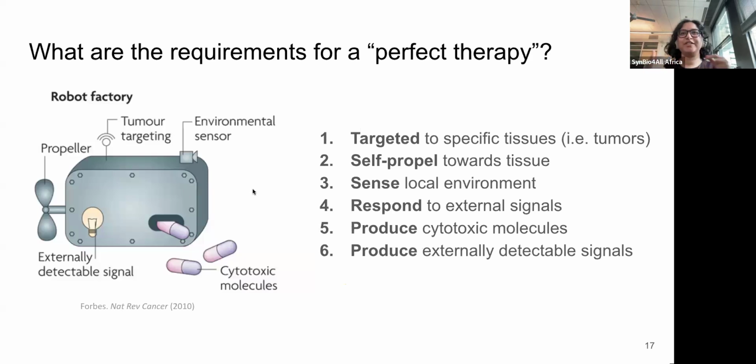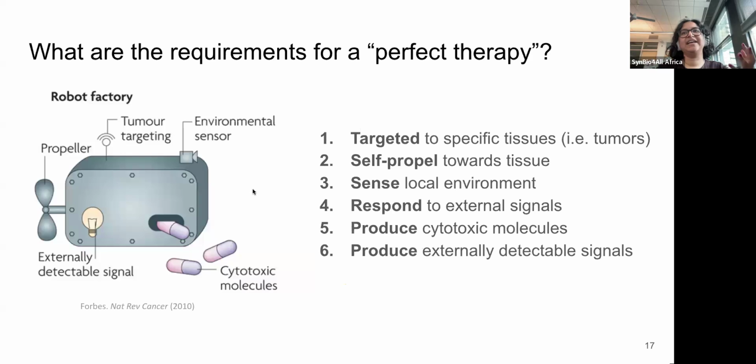And in addition to that, we want it to be able to sense the local environment. And so we want it to be responsive to make decisions about where and when these drugs are administered. That responsiveness would then allow us to precisely control the location and the timing of the delivery of some of these different cytotoxic molecules or therapeutically relevant chemicals.